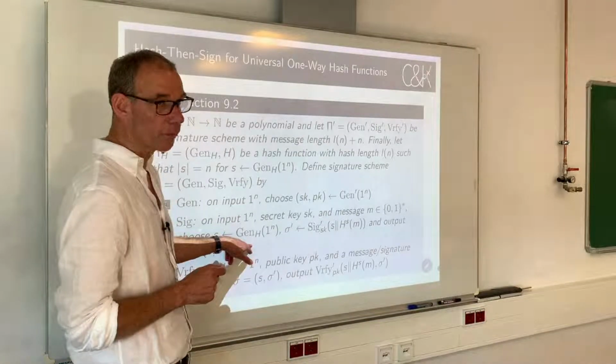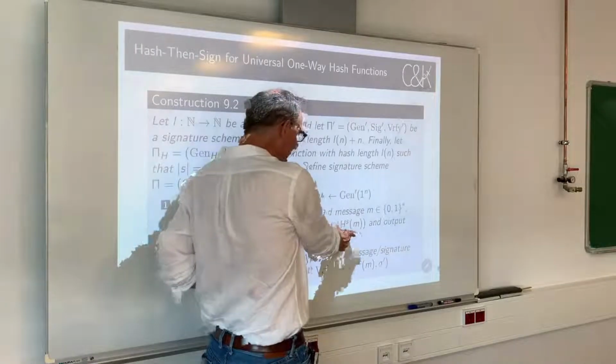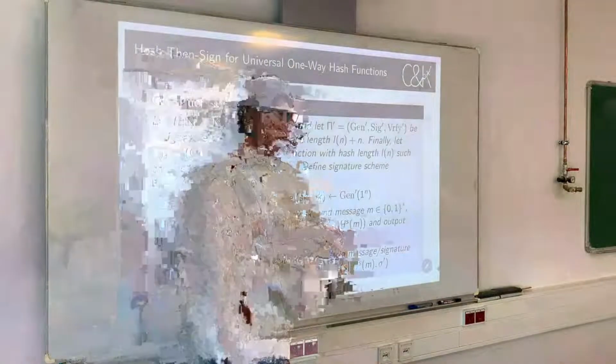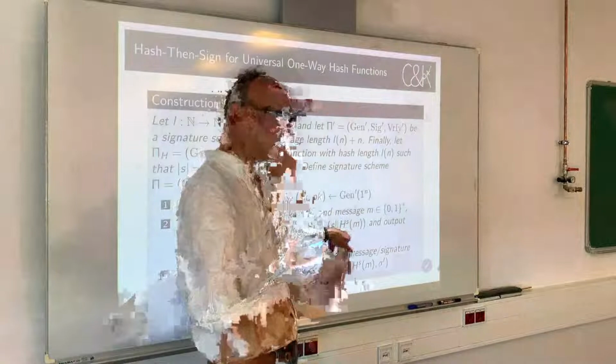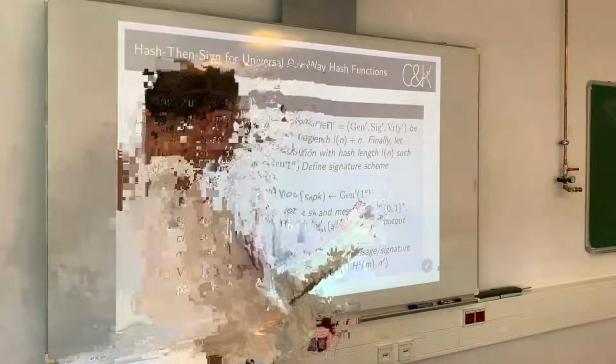And then it signs with the signing algorithm of Pi prime this key s concatenated with the hash value of m with key s. And outputs as the signature s and sigma prime, sigma prime being the signature here.